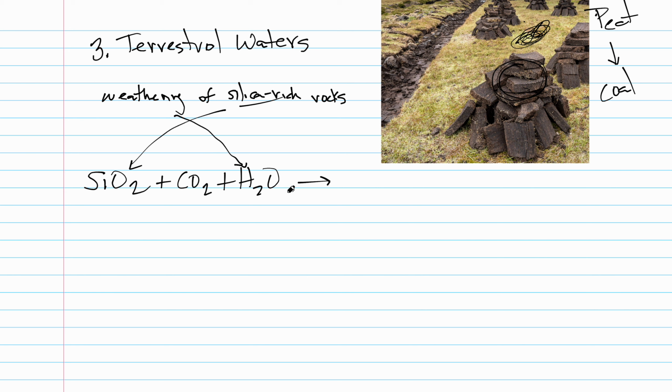Of course, you're associating CO2 with greenhouse gas. And this is good. The reaction that occurs will produce a clay, and it'll be a silica clay, so that keeps us balanced, plus bicarbonate, HCO3 minus. And HCO3 minus, which is also called bicarbonate, this is dissolved.